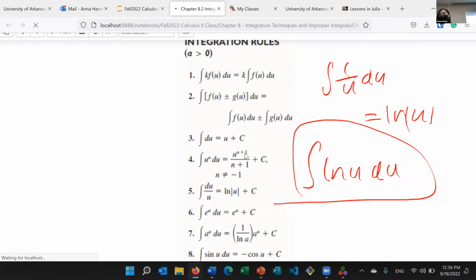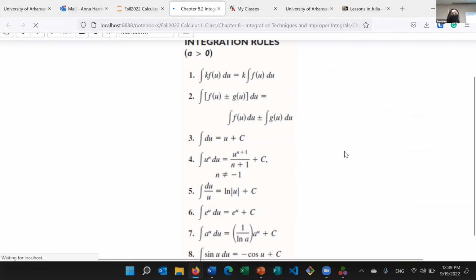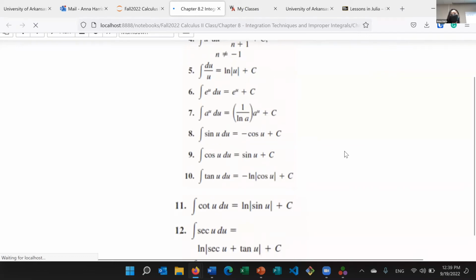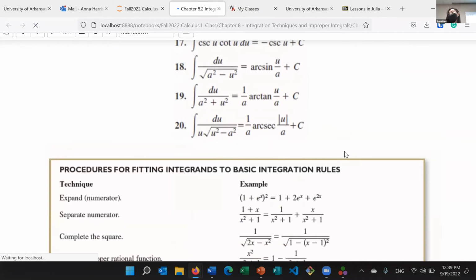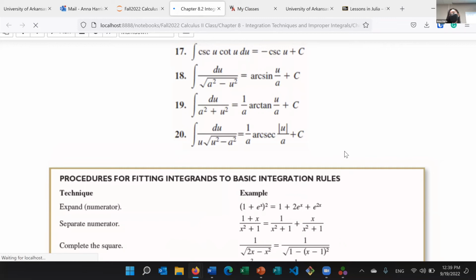Does everybody see why I'm not using natural log of u as my dv? Because it doesn't have a basic integration rule. I have 20 of them. So whenever you do your problem, look at your 20 basic integration rules. If it's not one of them, you cannot use that as your dv.